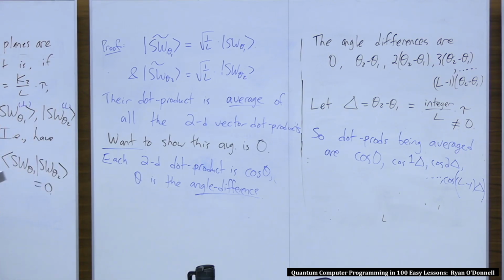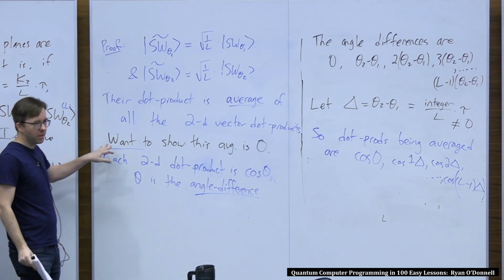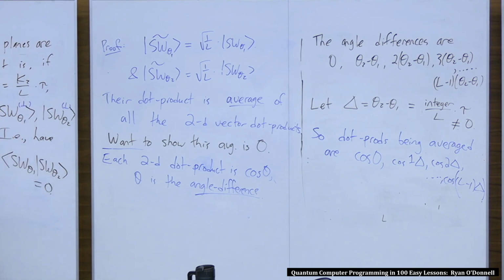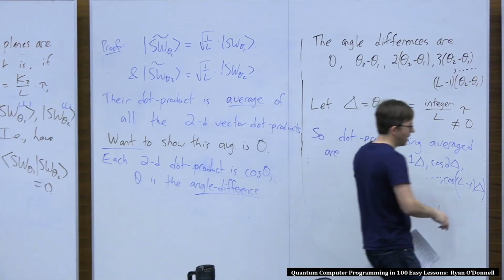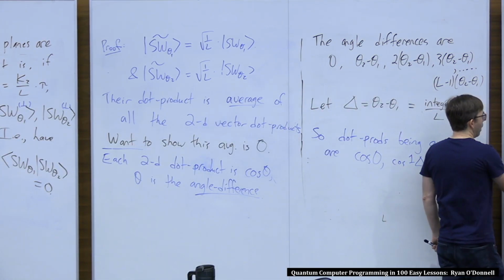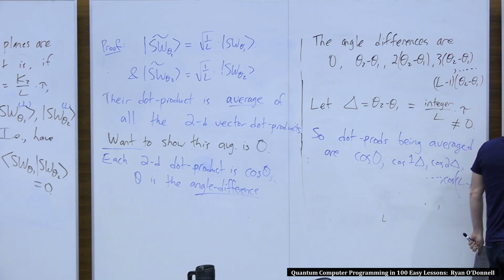Okay, so all these things are like an average of a bunch of cosines of angles, which seems a little scary. We're supposed to show that this average is 0. But it's true, and there's a little math trick for this too. I don't know if you've ever seen this trick in your life, but I'll show it to you.